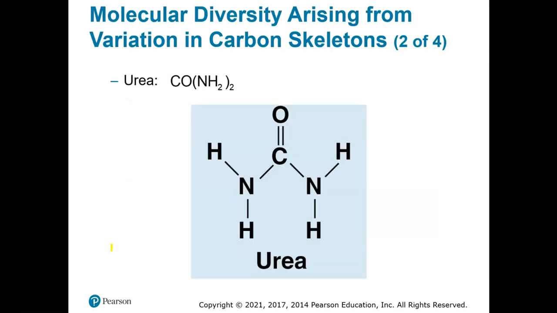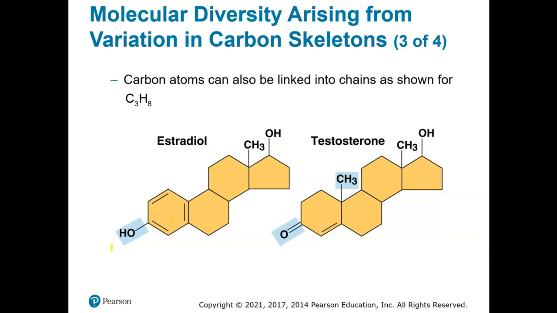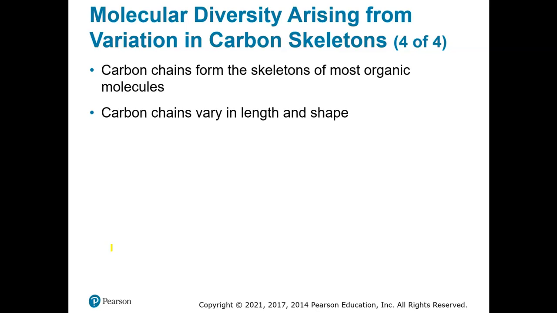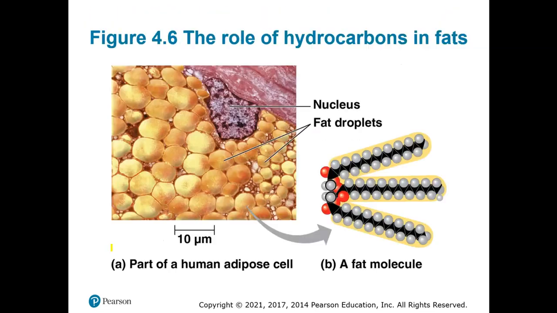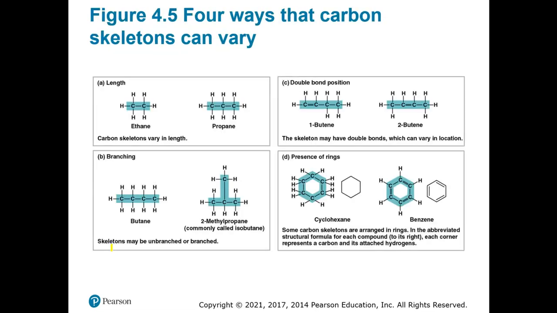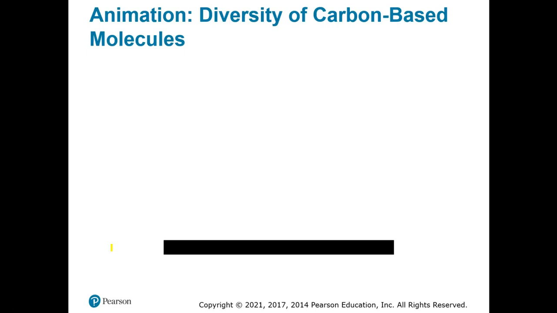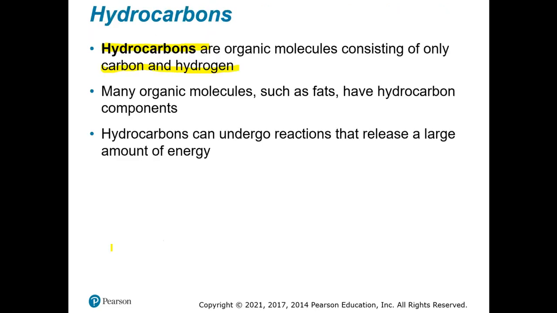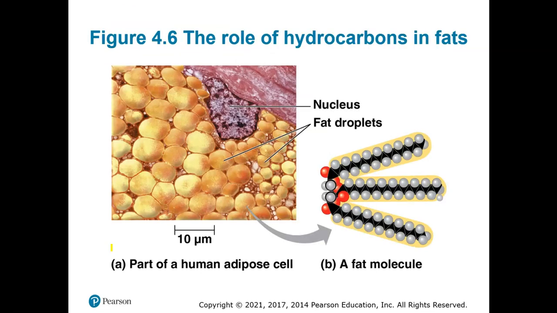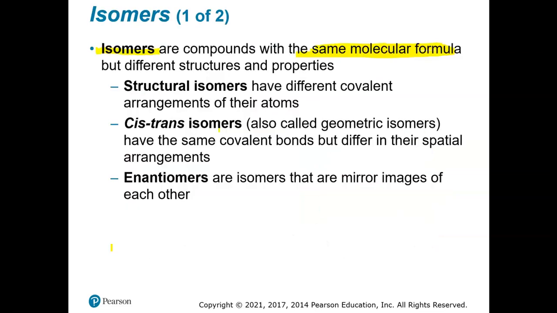And we looked at the bonding that forms carbon dioxide, and we looked at isomers. We talked about how isomers have the same molecular formula but different structural formula. And we talked about hydrocarbons, which we're definitely going to find in fats or lipids, hydrocarbon chains.